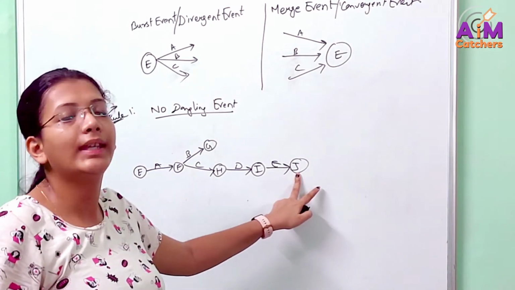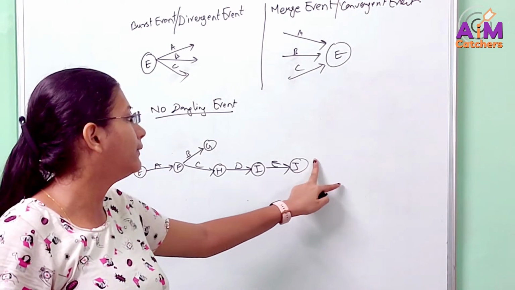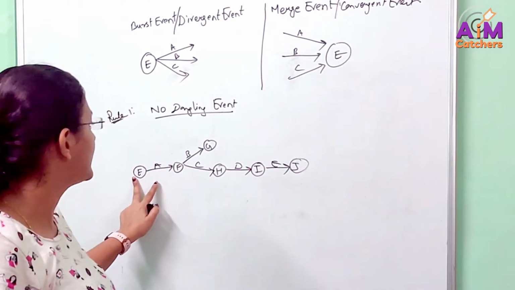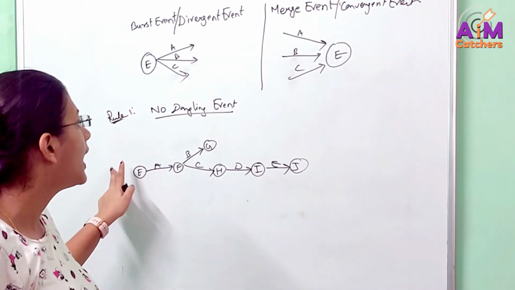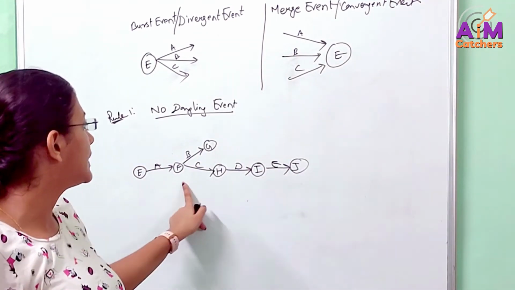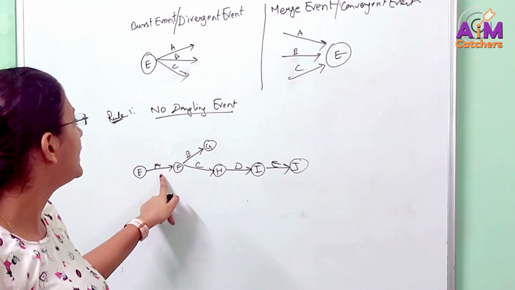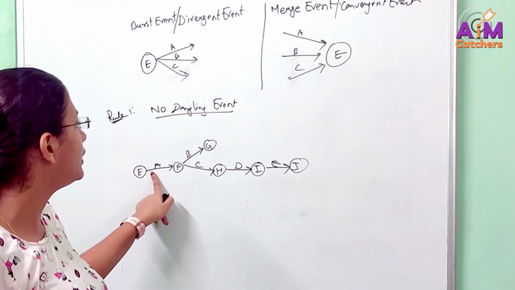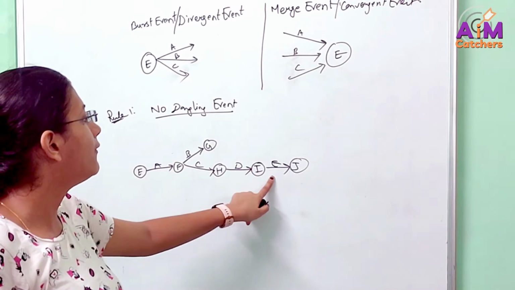For the last event we can accept that it is not having any activity at the end of it, and for the first event we don't have any activity before it. But except for the first and the last event, all other events should have an activity before it and an activity after it. We should have both of it.